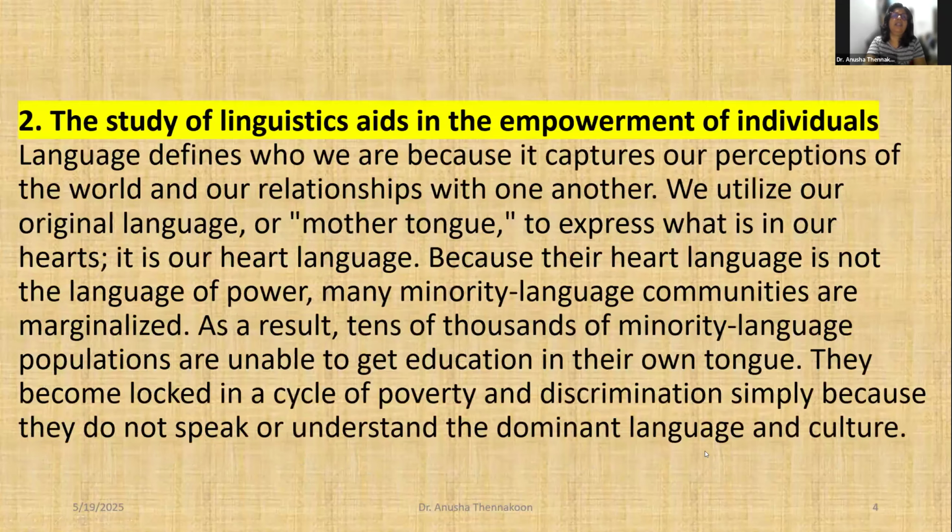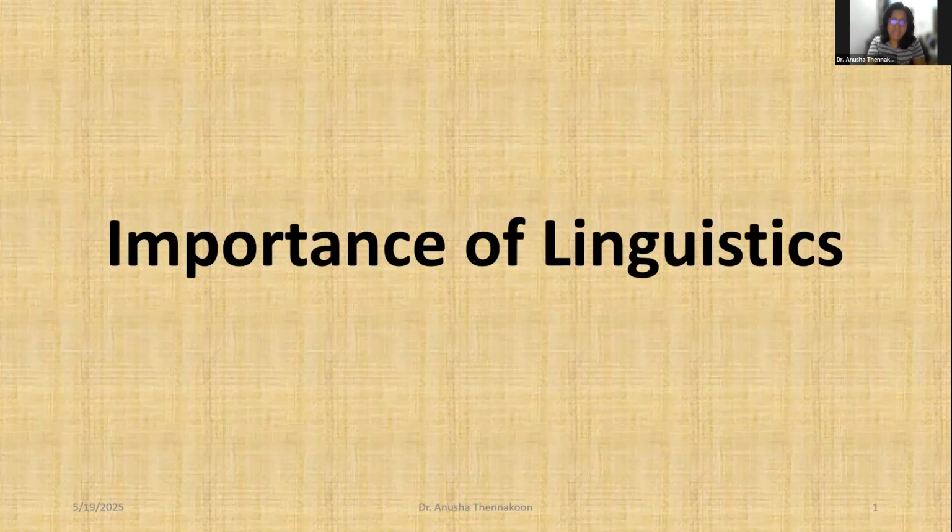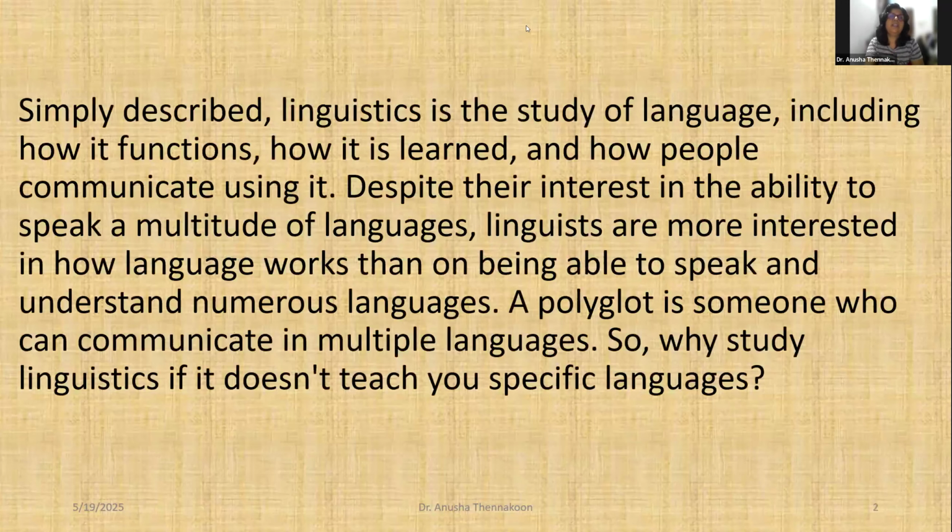We'll start here. What we are going to study now is the importance of linguistics. From the previous lesson, you got some idea about linguistics. Now we are going to understand the importance of linguistics. Simply read.